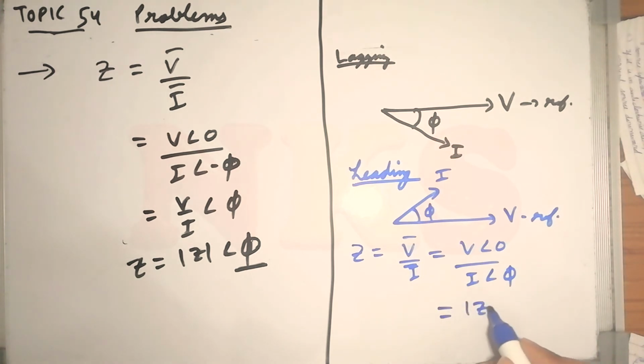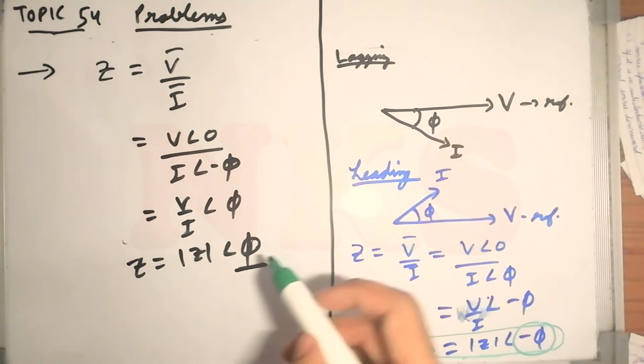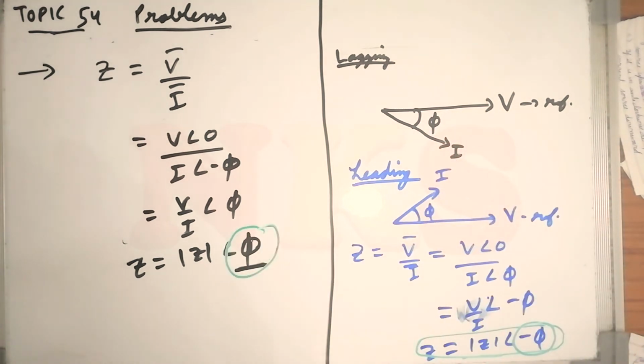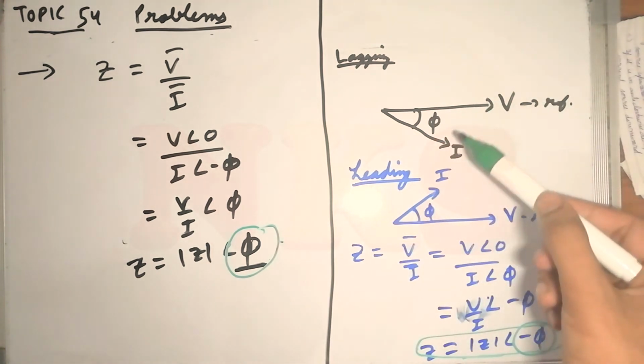So it will come out to be V by I, the magnitude, at an angle 0 minus phi, that is, mod Z at an angle minus phi. So this will be our Z. What you observe is that for leading load, the angle of impedance comes out to be negative, and for lagging load, it comes out to be positive, and it is nothing but the power factor angle, the angle between V and I.